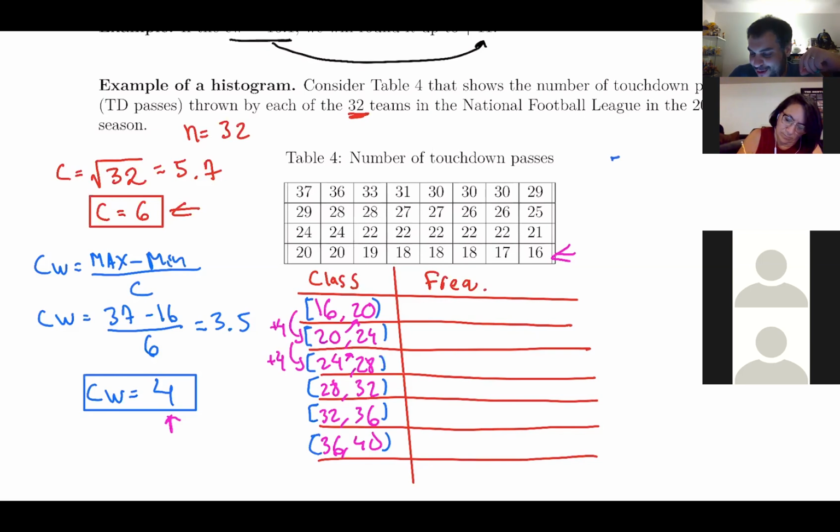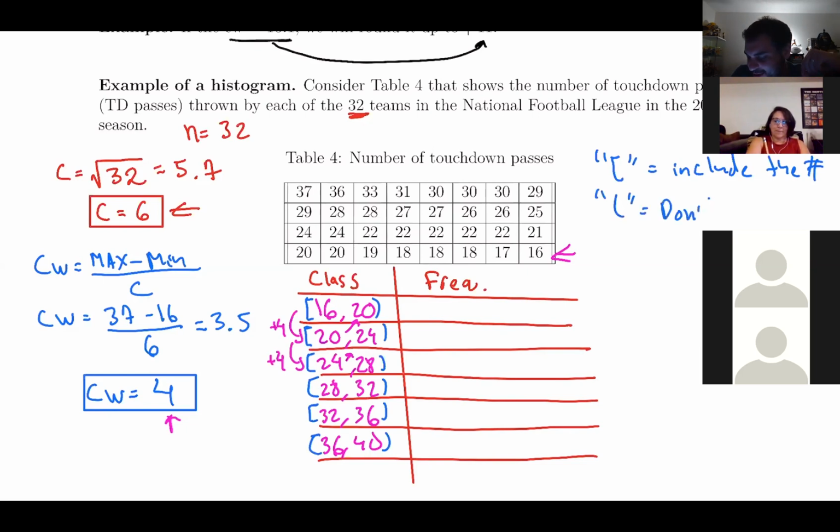So in case you forgot what the bracket means, it means include the number. If you have a parenthesis, don't include the number.